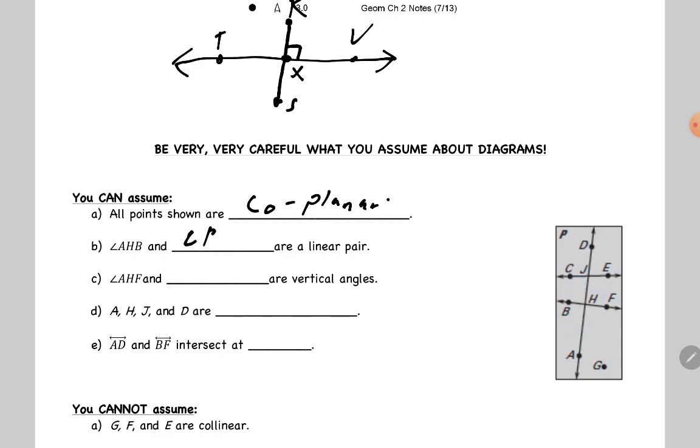So angle AHF, so that is here, and blank are vertical angles. So remember, vertical angles are opposite of our intersection here. So this is BHJ.